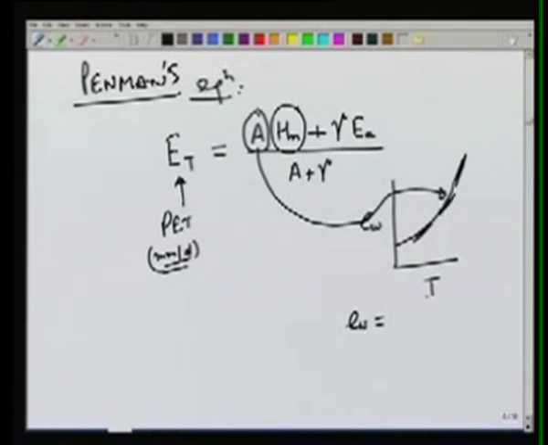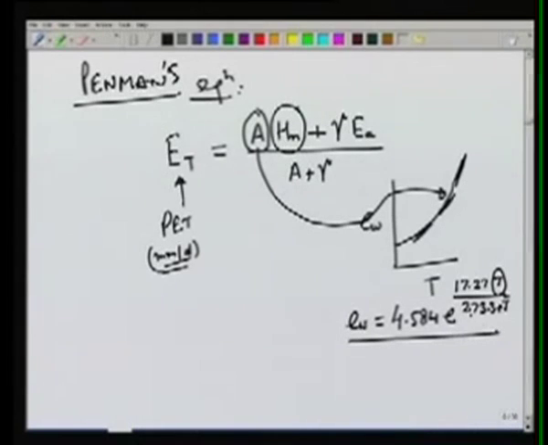Now sometimes there is an equation or relation between EW and T which can be used to obtain this factor A. So EW can be written as 4.584 exponential of 17.27 T over 237.3 plus T. So this T is the temperature, and you can obtain this EW by fitting this curve, but most of the times this curve will be given in a tabular form, and the slope A also will be given in tabular form.